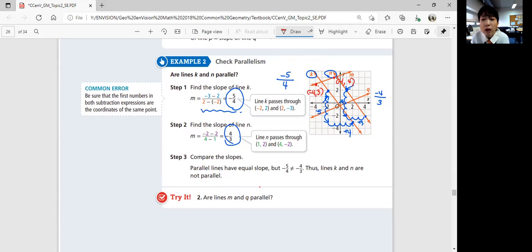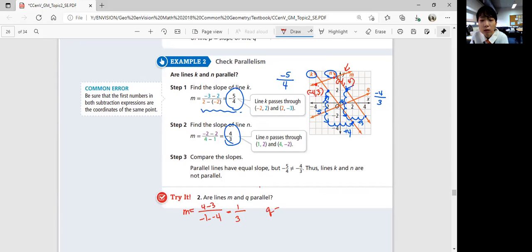Okay, so you're going to subtract the y values, 4 minus 3. And if you started with this point, you have to start with that point on the bottom as well for the x values. So -1 minus -4 is +3, right? So that's 1 over 3. That is your slope for M.